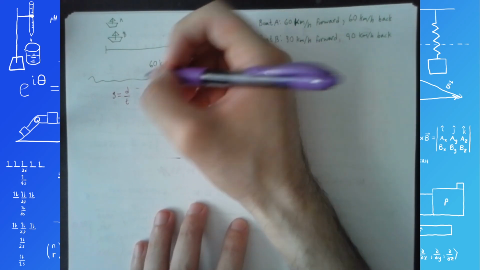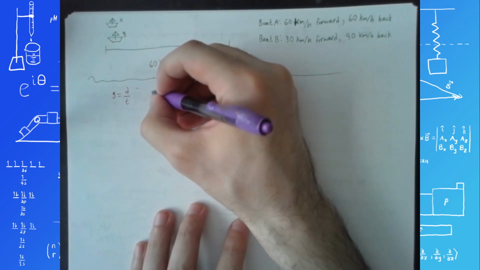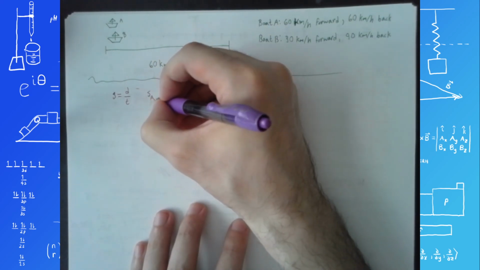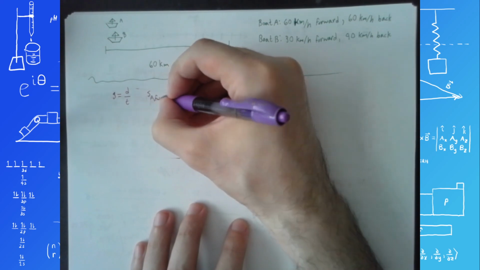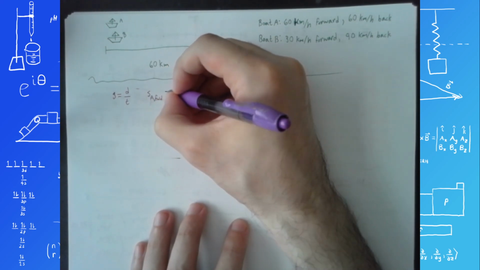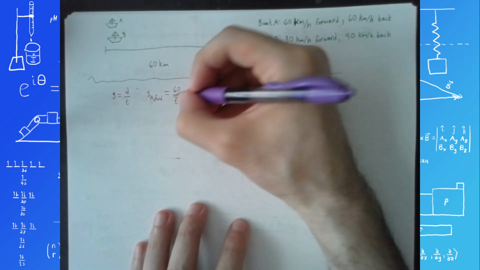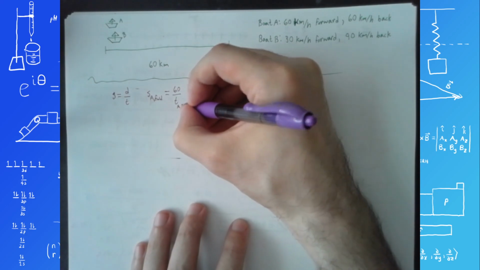I'm going to say speed of the boat on the way forward for boat A, S-A forward, equals 60 kilometers forward over, I guess I'll call it time A forward.